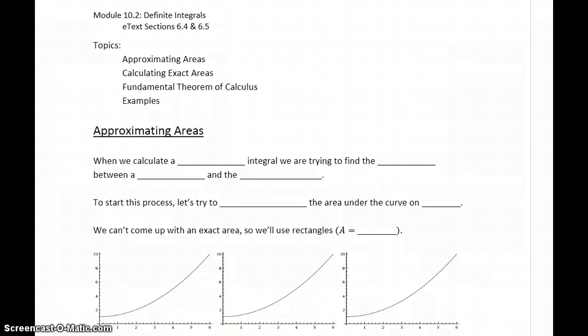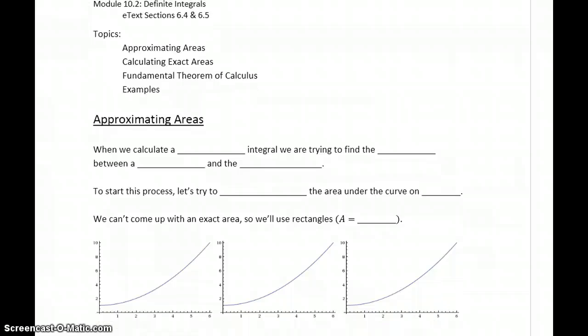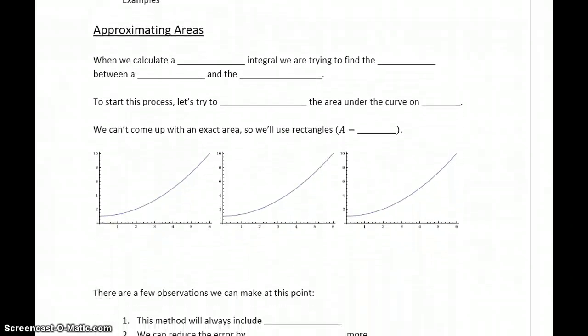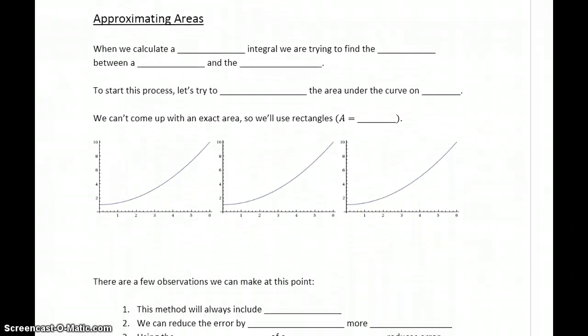So, what we want to talk about with definite integrals is first the idea of approximating areas. Whenever we calculate a definite integral, really what we're trying to find is the area between a curve and the x-axis.